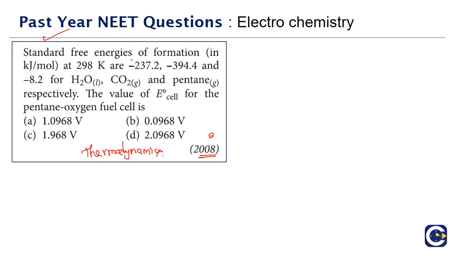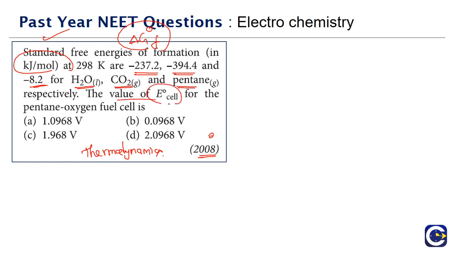The standard free energies of formation, delta G naught formation at 298 Kelvin, the values are given in kilojoule per mole: minus 237.2, minus 394.4 and minus 8.2 for H2O, CO2 and pentane respectively.